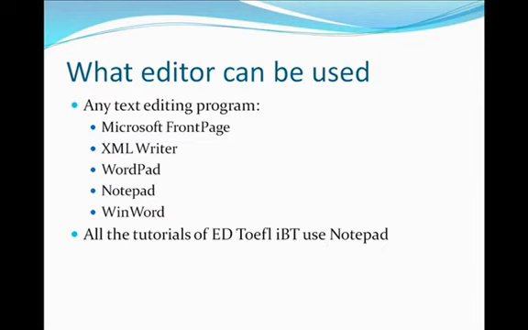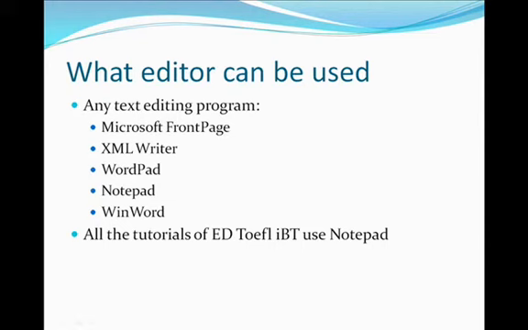Another question that I need to answer right at the beginning is the text editor that we can use for editing XML files. Basically, you can use any text editing program available on your computer.